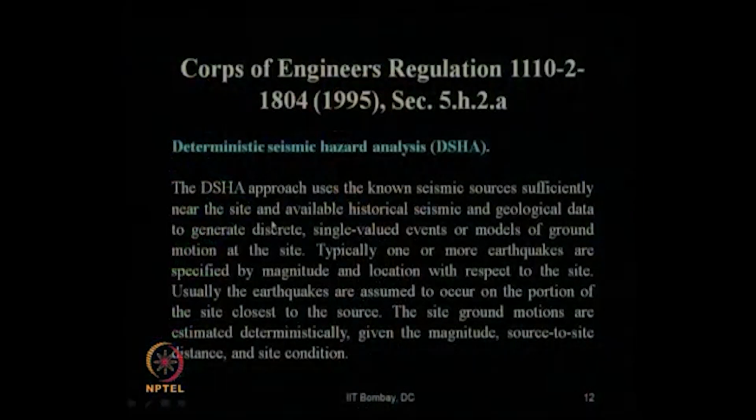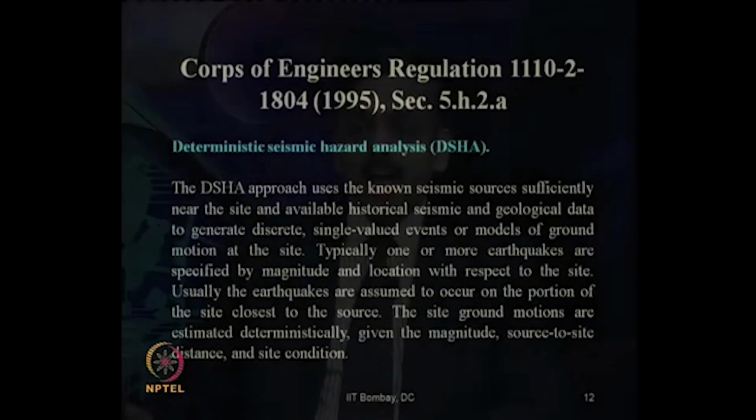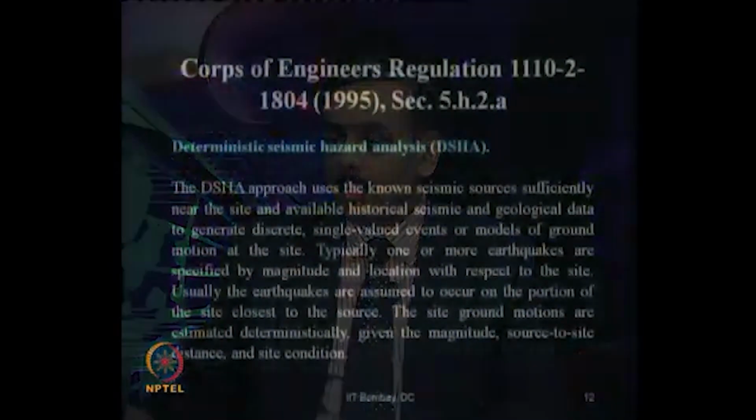So, near to the site, and remember this near ranges in terms of several kilometers, not a few meters only, because a geologic fault can run for several kilometers, as we have seen already. That is the reason why it is not only a few meters, it has to be several kilometers.